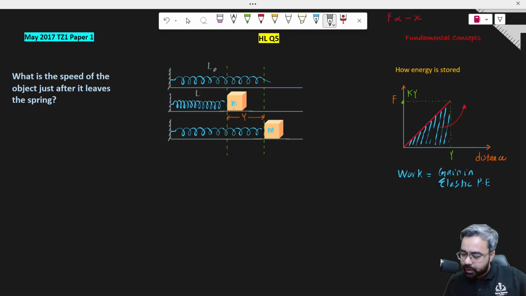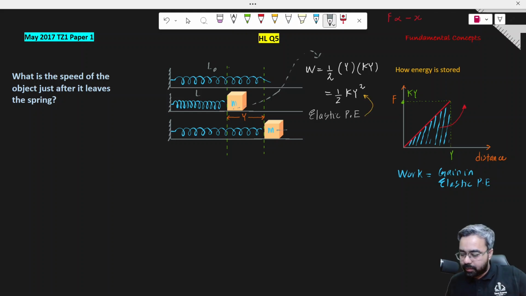Right at this position, the spring has the maximum energy stored, which is obviously coming from the work done. That work done is equal to 1/2 times the base times the height of the triangle. So what you get is 1/2 ky squared. This is the total elastic potential energy stored.